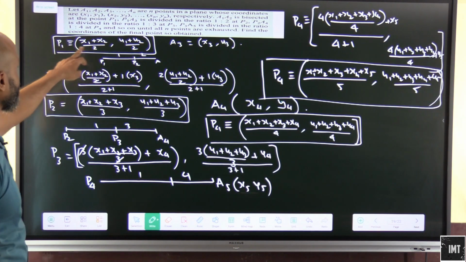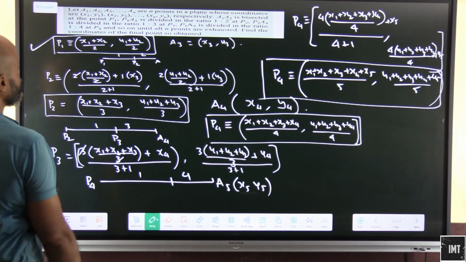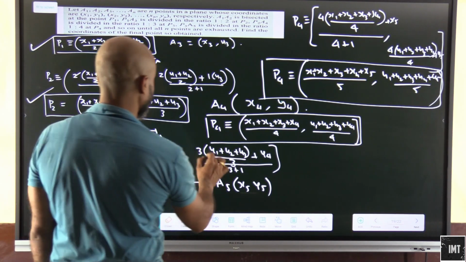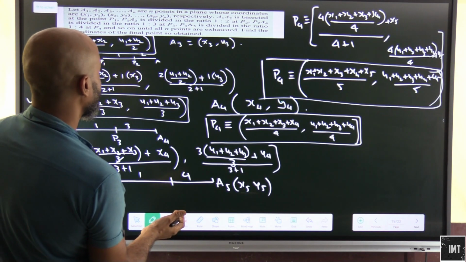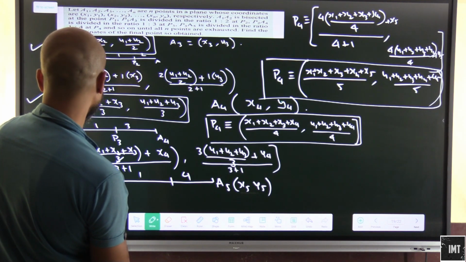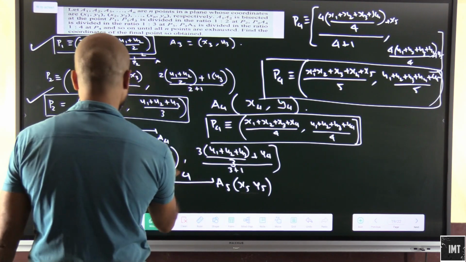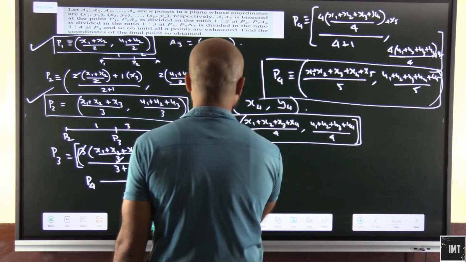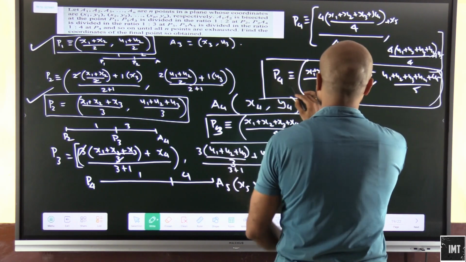The coordinates of P1 is equal to this, P2 is equal to this, P3, where is P3 gone? I guess I have not written it. So P3 will be x1 plus x2 plus x3 plus x4 upon 4, and this is P4.